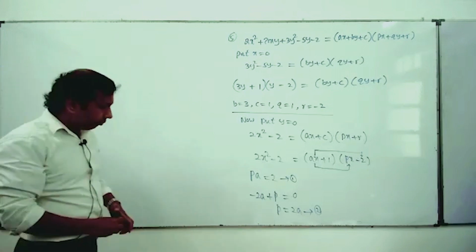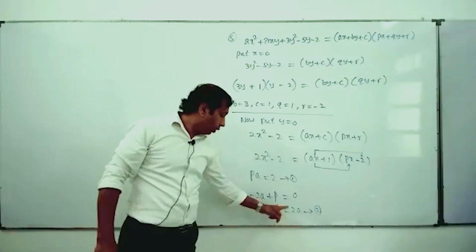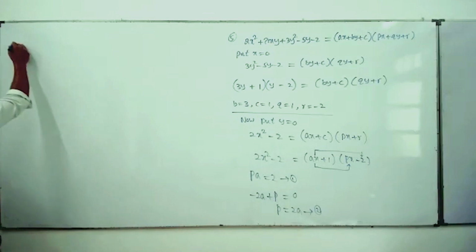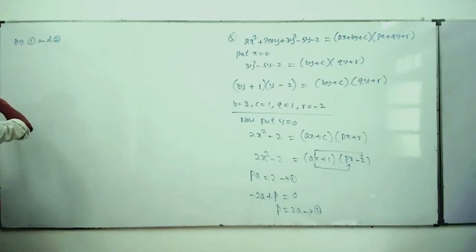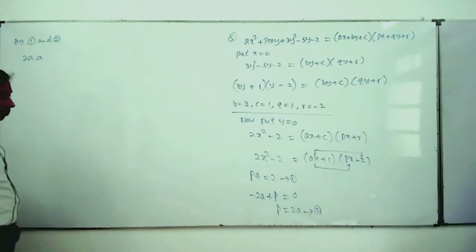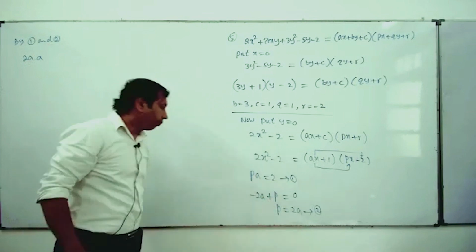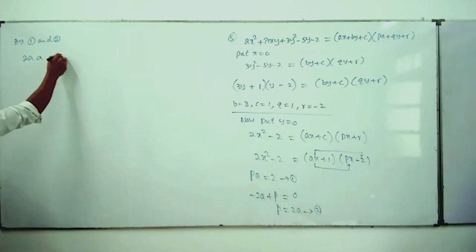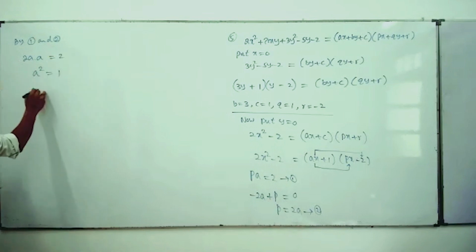By 1 and 2, you have to find a and p. P is 2a and ap is 2, so put 2a: 2a squared is 2. Then a squared is 1, by cancelling. a will have 2 answers, plus or minus 1.